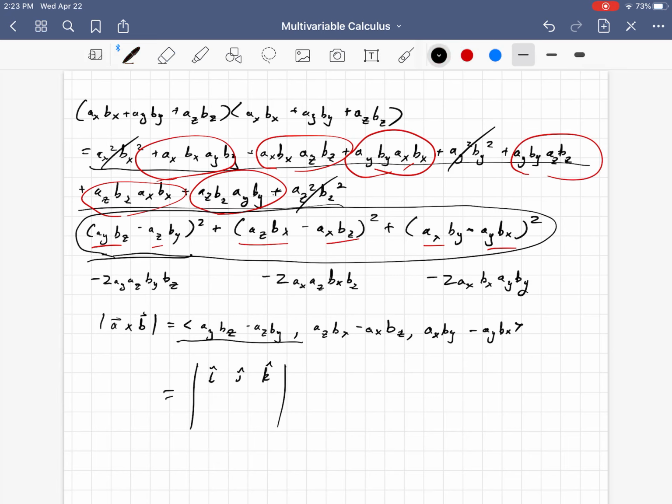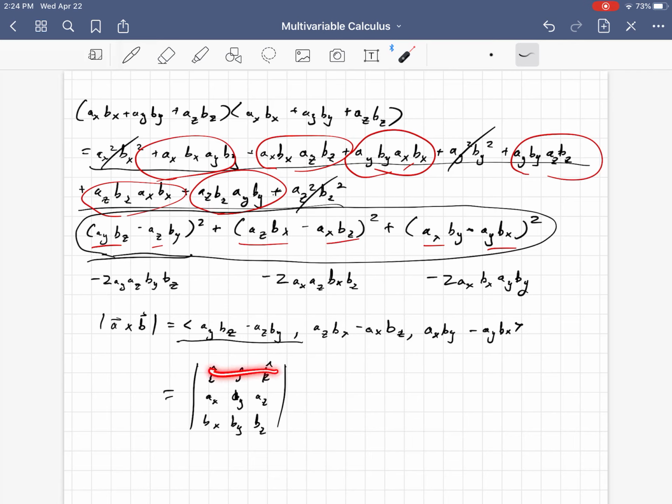Because if I, for the first right here, if I expand by minors along here, then I switch to 2's again. My bad. This should be, let me just write it again. A sub x, a sub y, a sub z, b sub x, b sub y, b sub z. So if I were to expand by minors along here, I would get my a sub y, b sub z minus a sub z, b sub y.